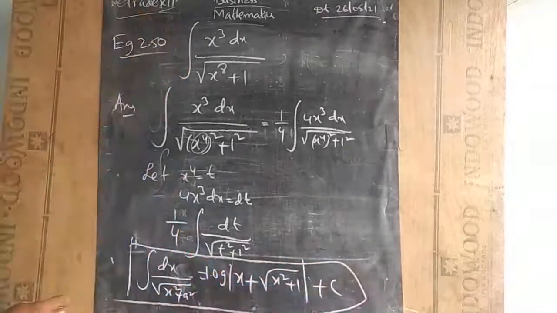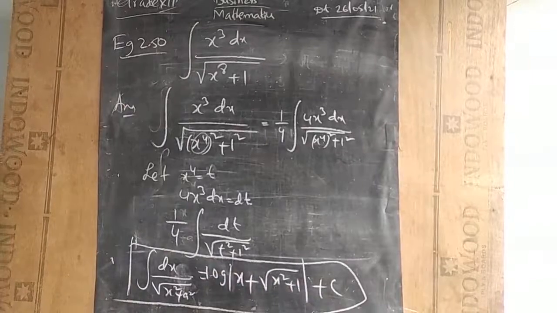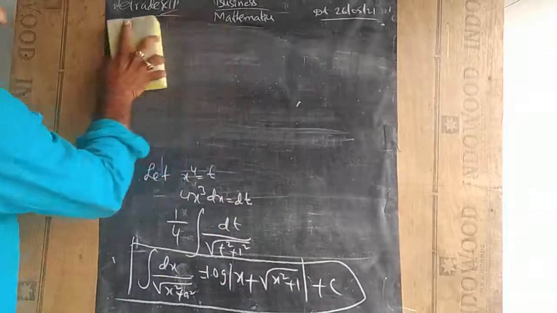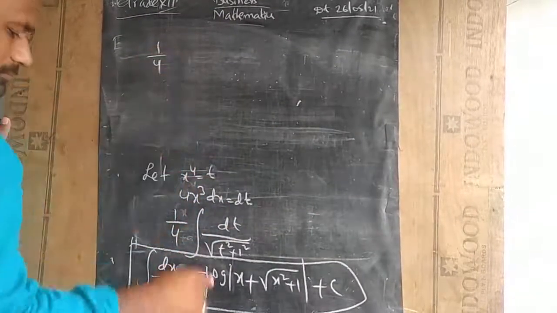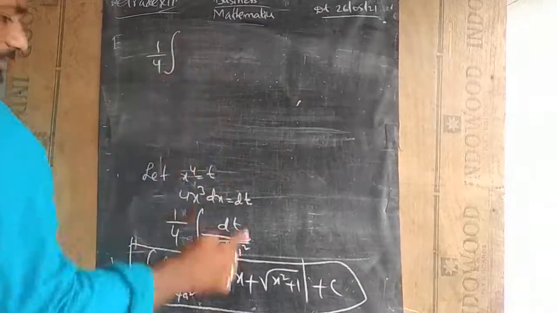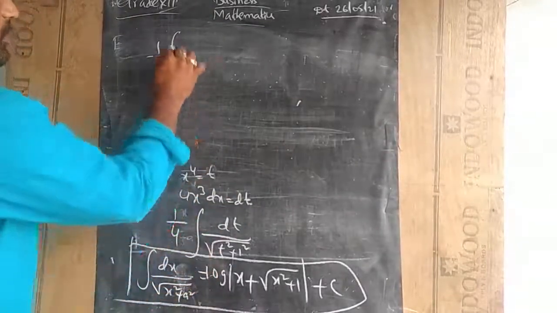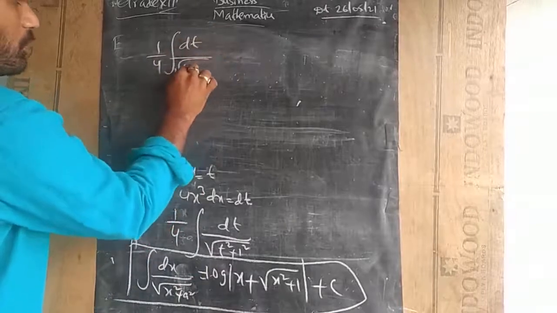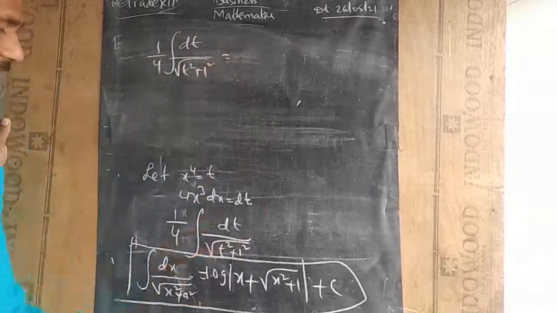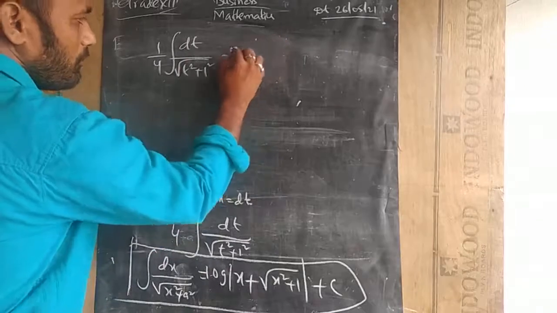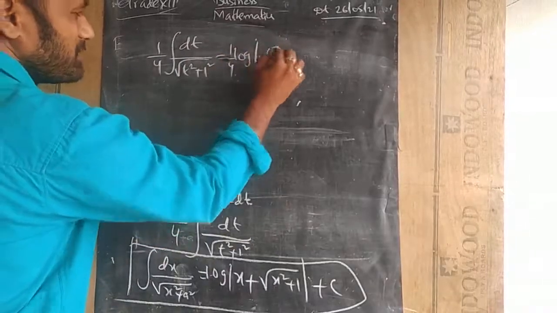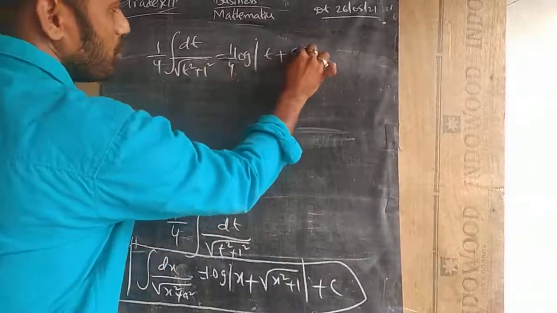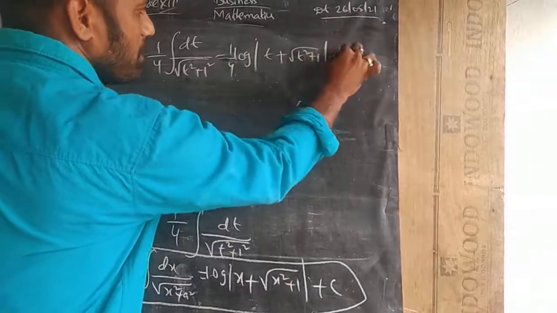Now let us apply this formula. 1 by 4 integral dt by root of t square plus 1 square can be written as 1 by 4 log of t plus root of t square plus 1 square plus c.